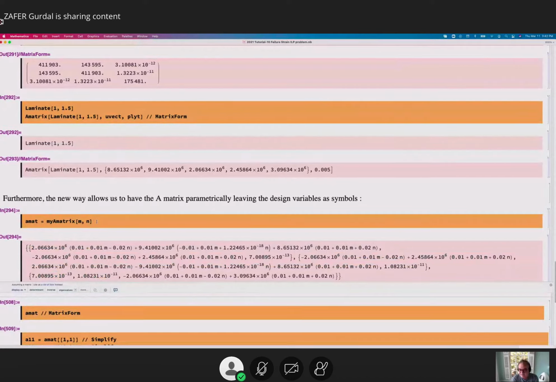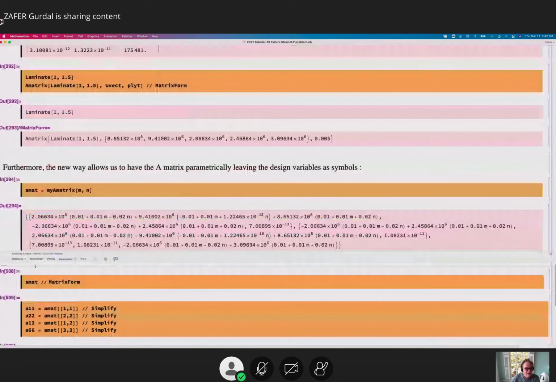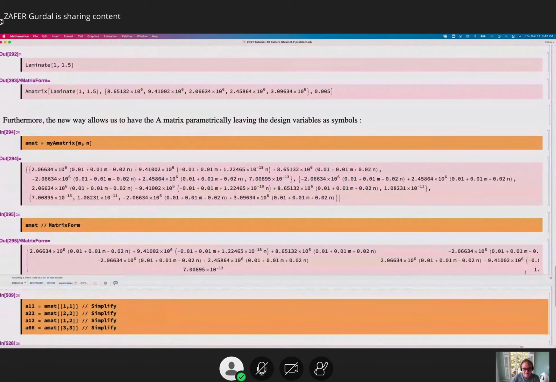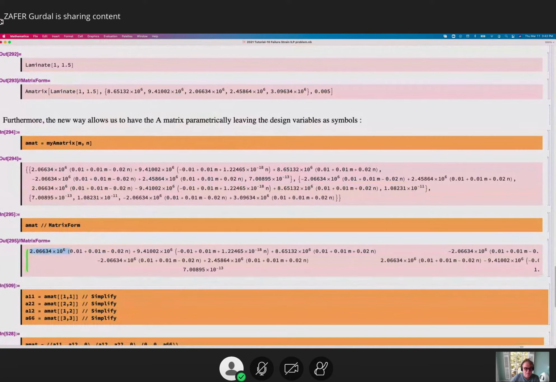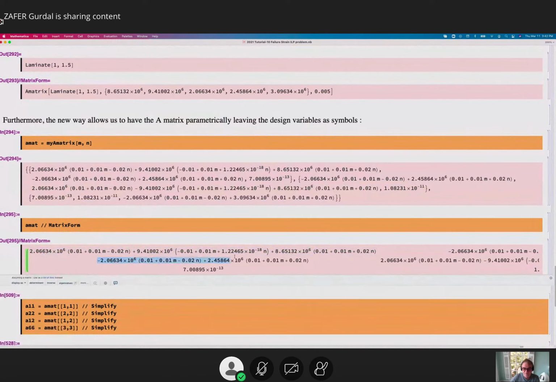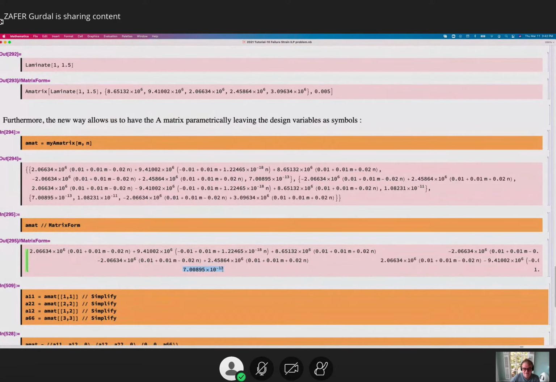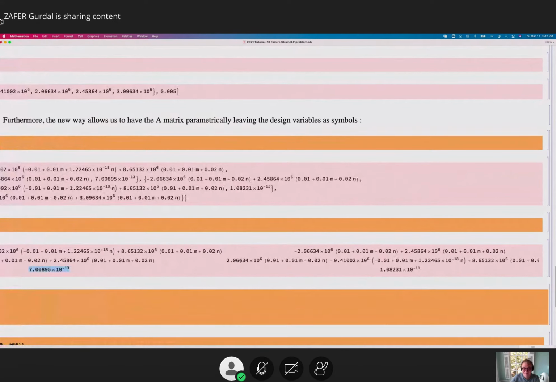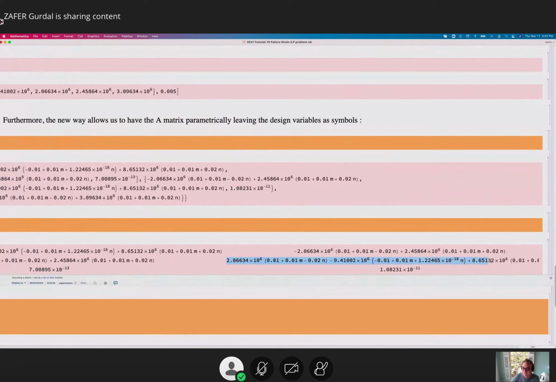Now this looks a little bit cluttered because of these standard -18s and so on. If I write that in matrix form, a big matrix appears, where the A11 term is this one, and the A12 term is this one, and A16 and A26 are 0, and A22 is this long term here.